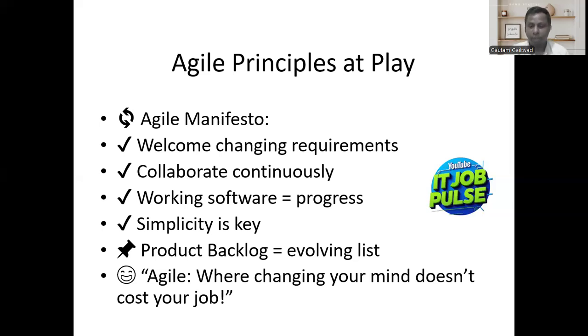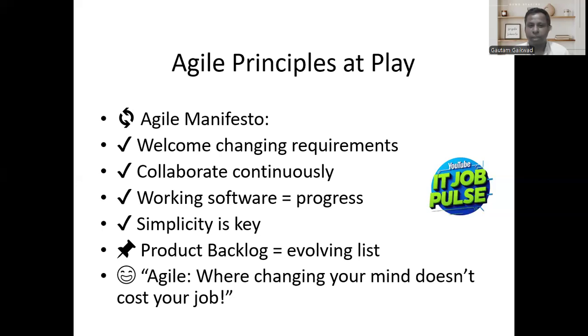If in case you just change your mind for something else, then there might be a risk of losing a job. And if we have to be very precise, in Agile there is no project manager designation.